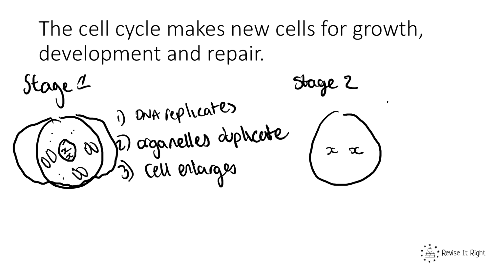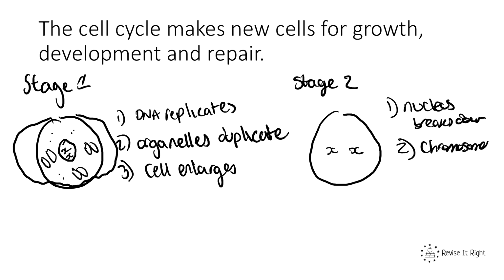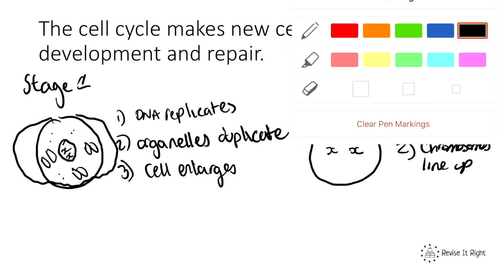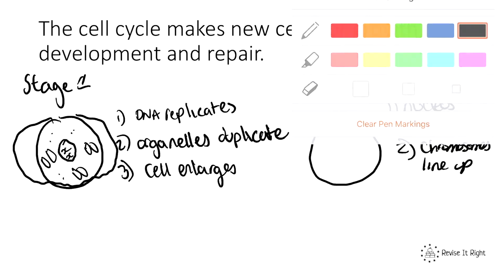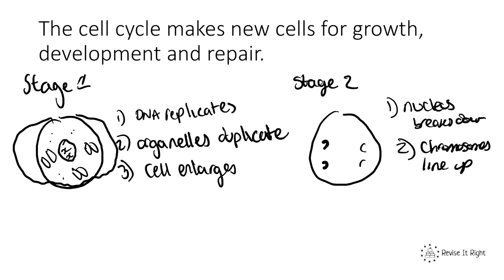Okay, so one thing that happens is the nucleus breaks down. And the second thing that happens is the chromosomes line up in the equator, in the middle of the cell. And then these chromosomes are pulled apart. Okay, so these chromosomes here are pulled apart to each side of the cell.